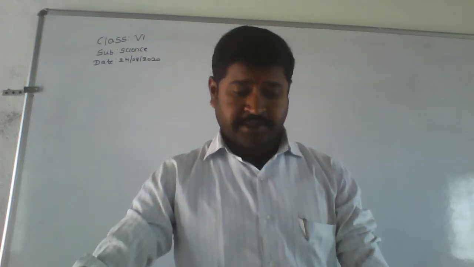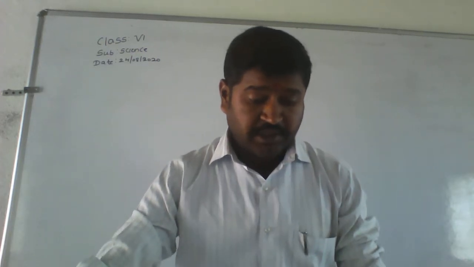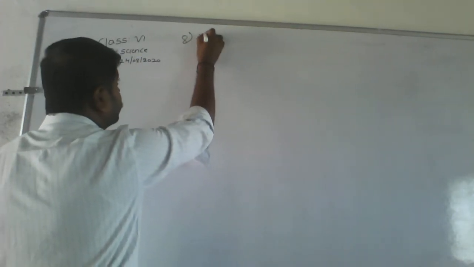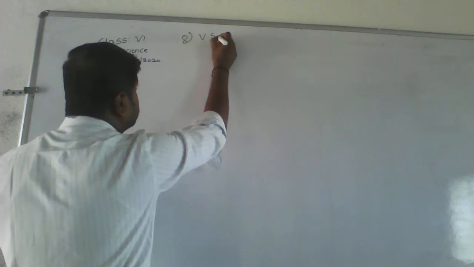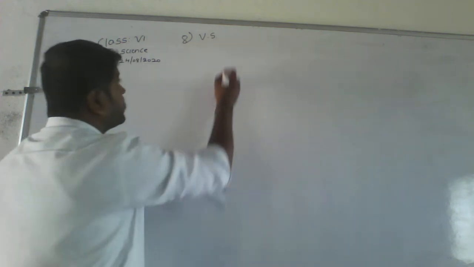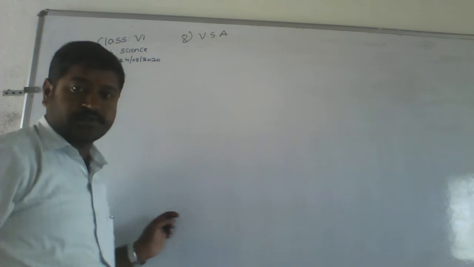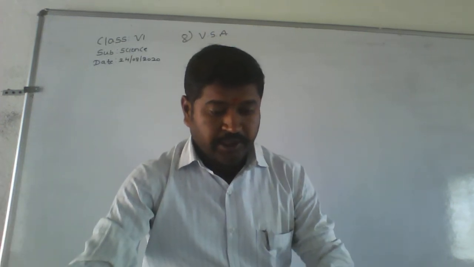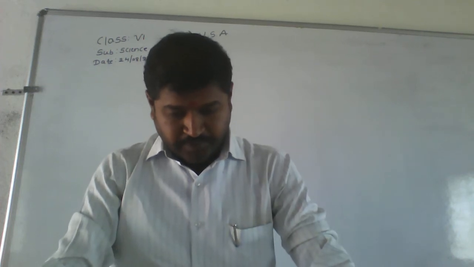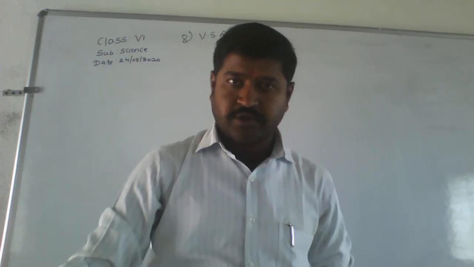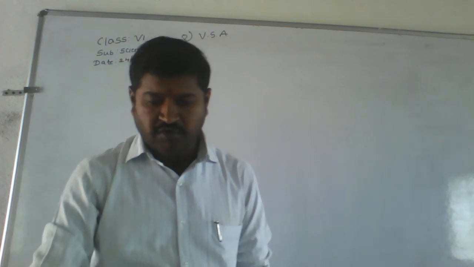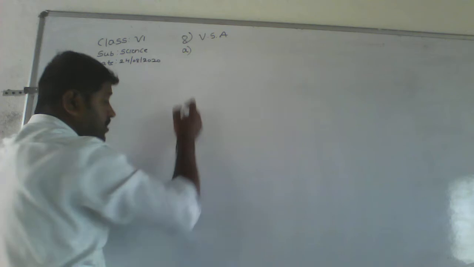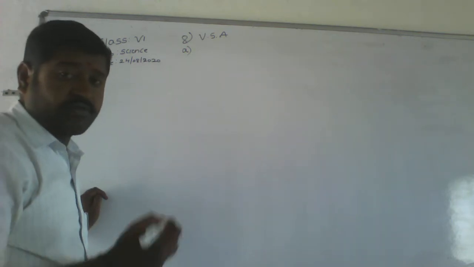Then question number 8. What is that? Very short answer type questions. Alright. So what is the first one? A. Name any two nutrients found in food. You can write any two nutrients out of those five which you are going to find in food.